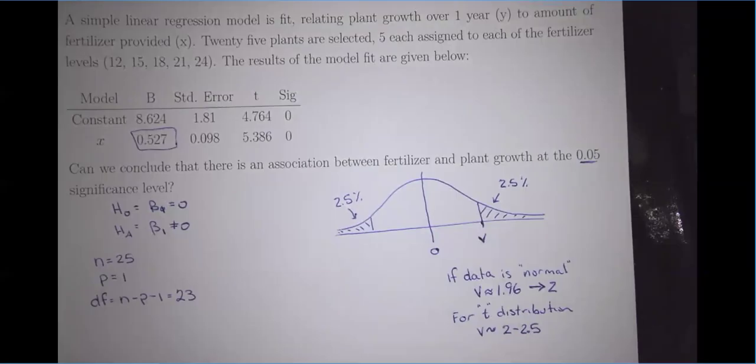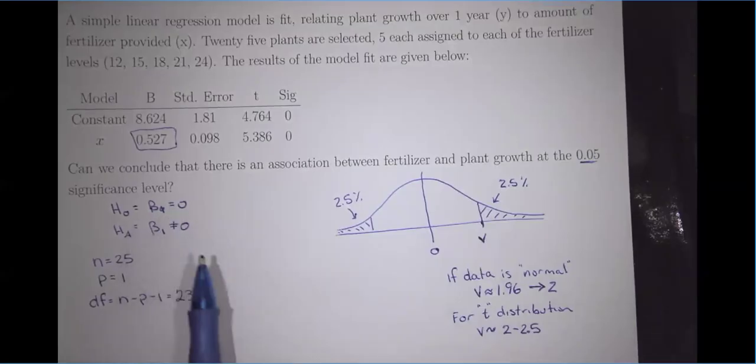So what this means, if you're just talking in general terms, is if our beta 1 is more than about 2.5 standard deviations away from 0, then we're going to reject the null hypothesis, because we wouldn't see a beta 1 value that far away from 0 very often.